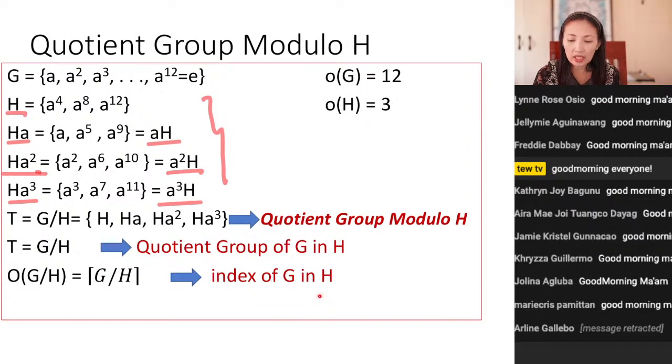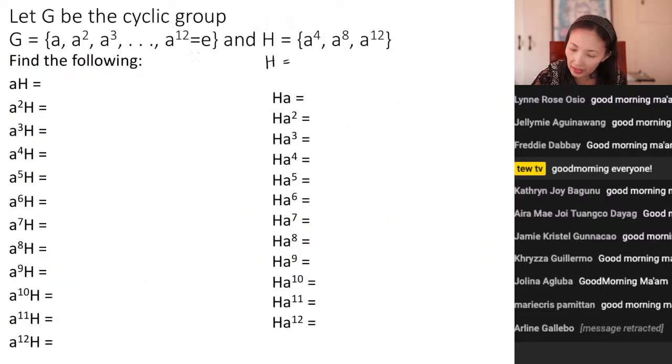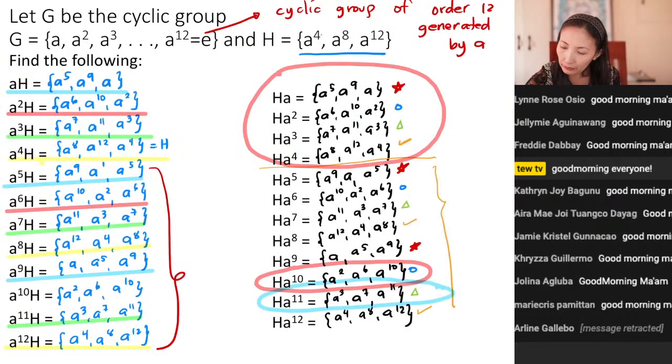Okay? So, T, saan galing itong T? H, HA, ito galing dun. Nakita natin kanina na ito equal to, may H pa tayo. Sobra pala. H, the given subgroup, A to the 4th, A to the 8th, and A to the 12. So, we need not include this na.